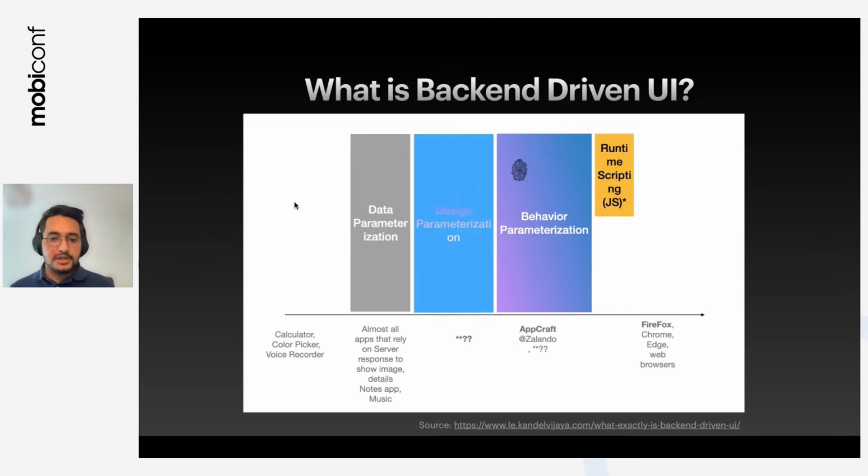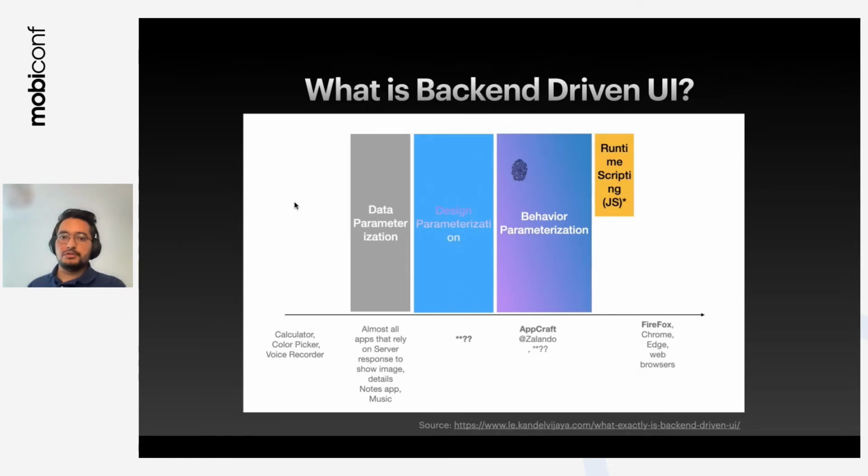So in a sense, AppCraft follows data, design and behavior parameterization. I would not say we have full behavior parameterization, but we have a restricted set of actions that you can perform. And then the fourth class is, can you, at runtime, inspect the variables and then decide something else? That's a scripting language, right? And if you were to add that, which we don't want to, then you are very close to Firefox or Chrome or any web browser.